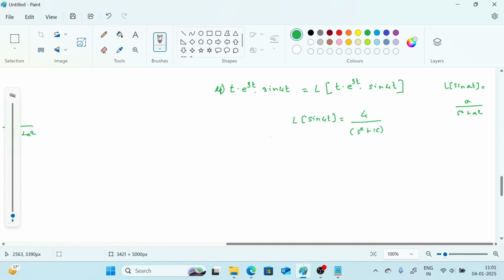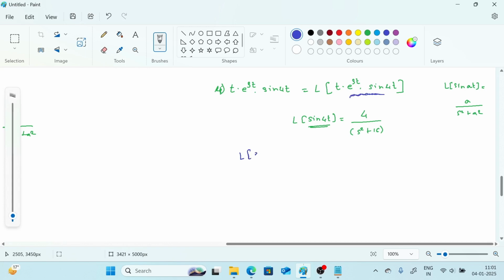Now, first I have found the value for sine 4t. Now in the second step, I am going to find the value for this term, e raised to 3t sine 4t.